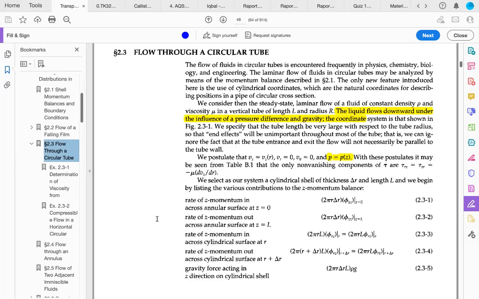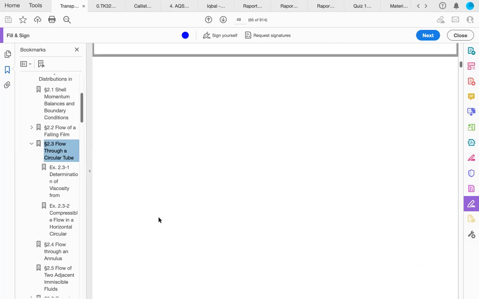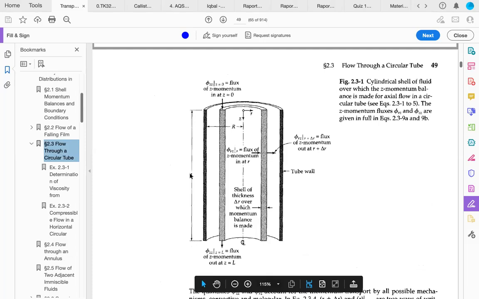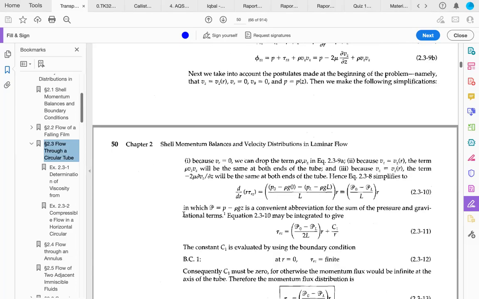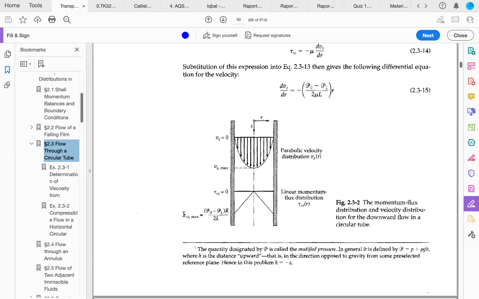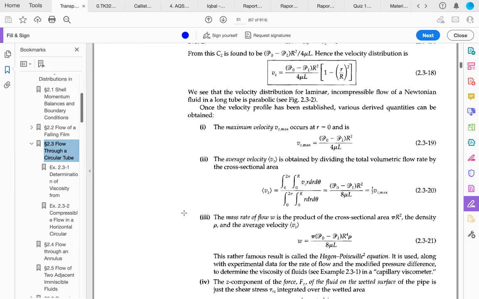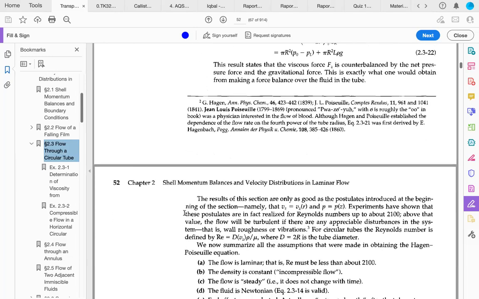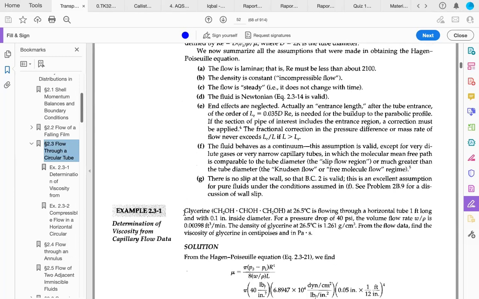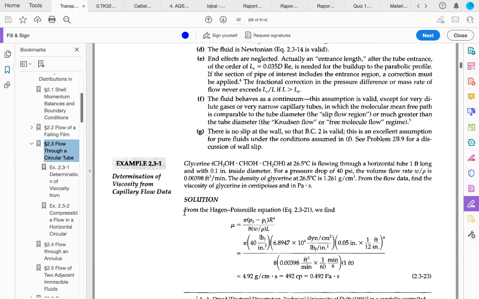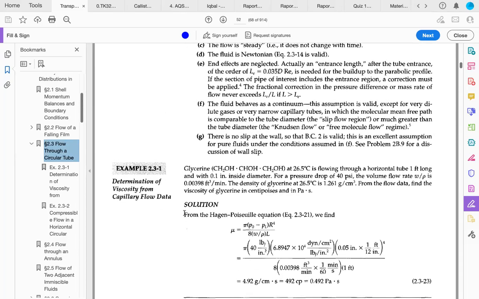This is actually used to calculate the viscosity. The application of that one is that we can determine the viscosity from the capillary flow data.